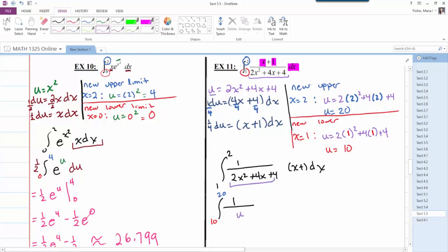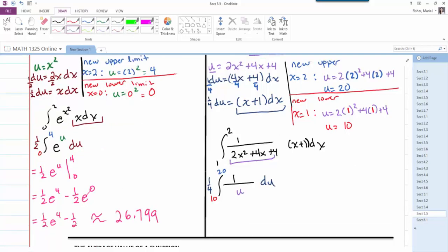And my x plus 1 dx is equal to 1/4 du. Well, I know the integral of 1 over u du is going to equal the natural log. So this is going to equal 1/4 times the natural log of the absolute value of u evaluated from 10 to 20.